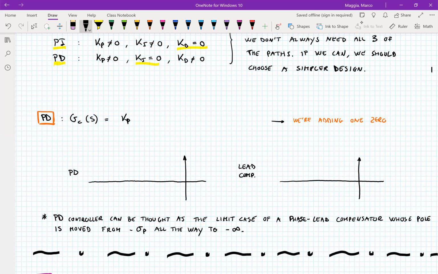which is Kp plus Kd times S, or we can also write it down as Kd that multiplies S plus Kp over Kd. So you see here, it's quite evident that by using this kind of controller, we are adding a real zero.